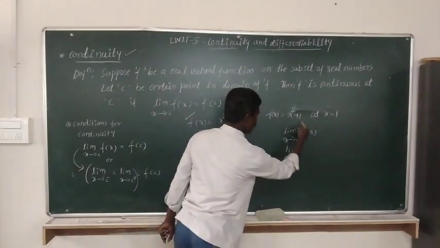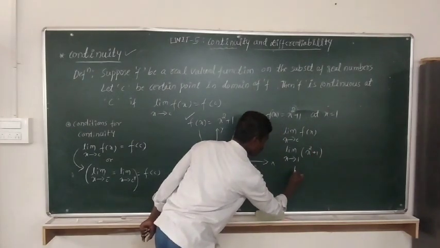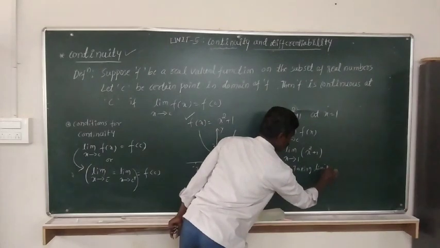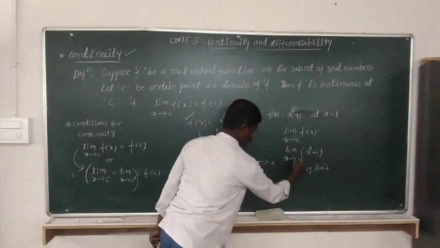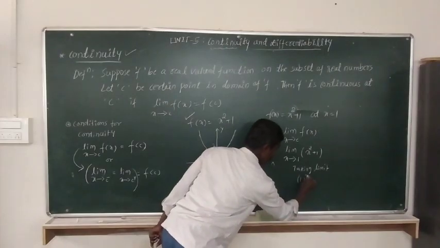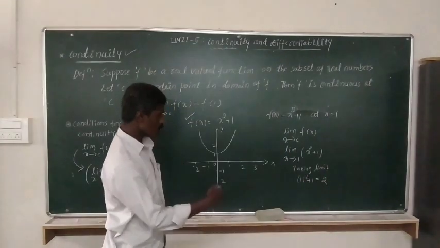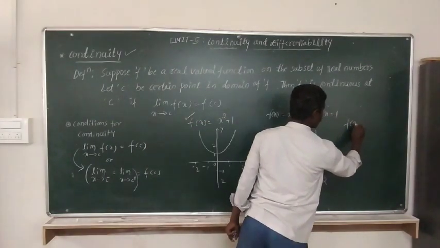The function is x square plus 1. Putting x equals 1 in the limit, we get 2.